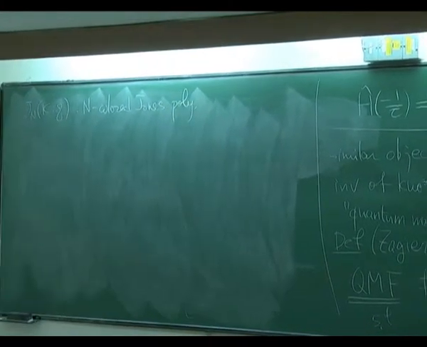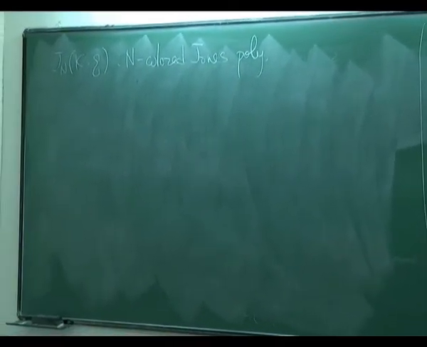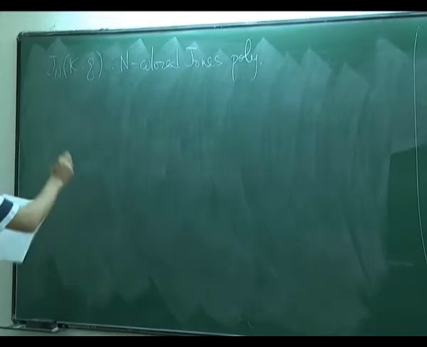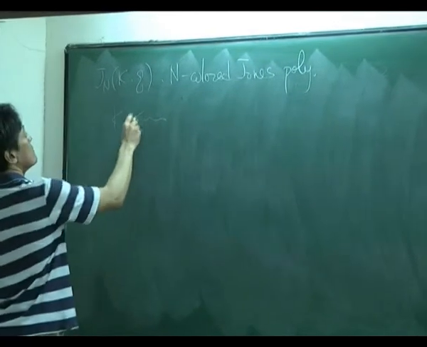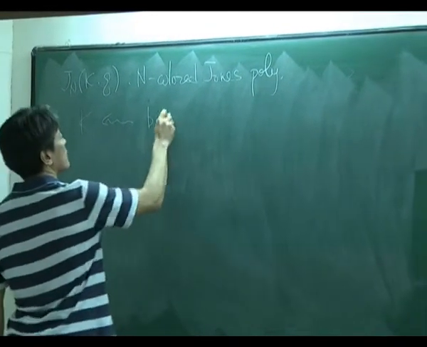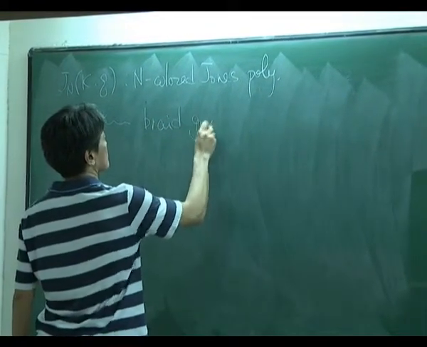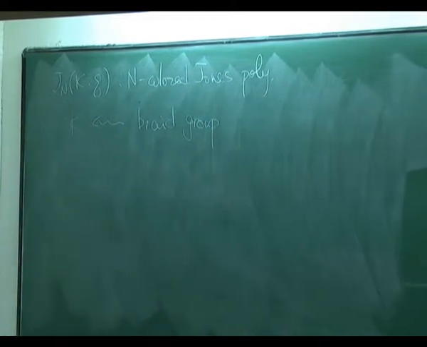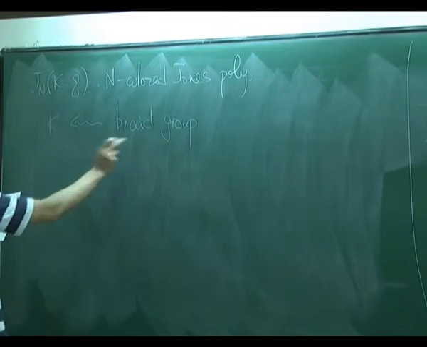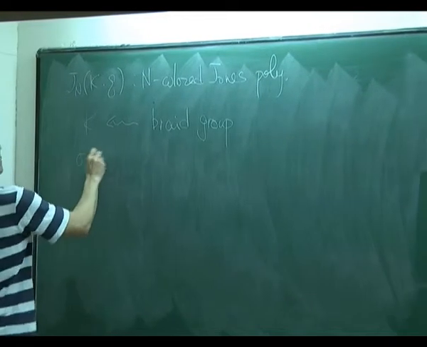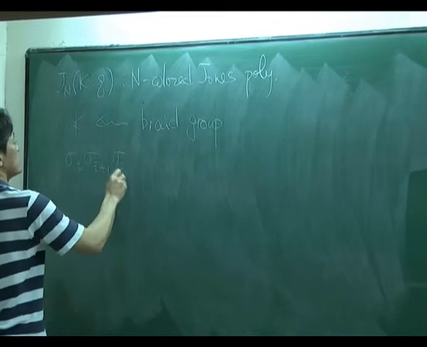So J_n is called the colored Jones polynomial, and to construct the quantum invariant of a knot, we use a braid group construction of the knot K. The important relations in the braid group are these relations.